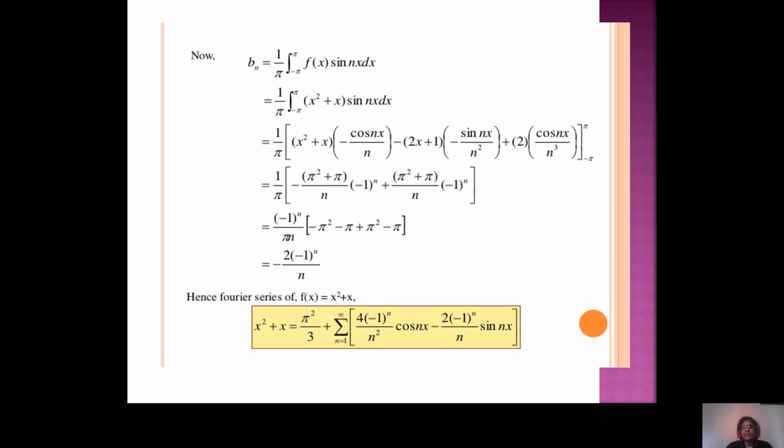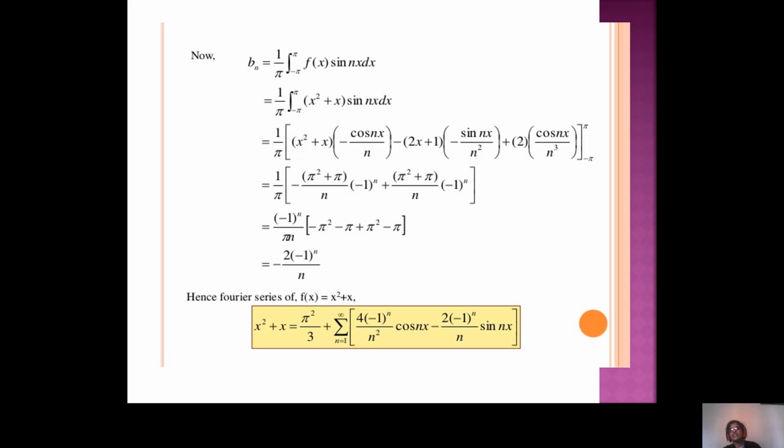So 1 by pi minus pi square plus pi by n minus 1 whole power n plus pi square plus pi by n minus 1 whole power n. So minus 1 whole power n by pi into minus pi square minus pi plus pi square minus pi. So we get 2 into minus 1 whole power n by n.